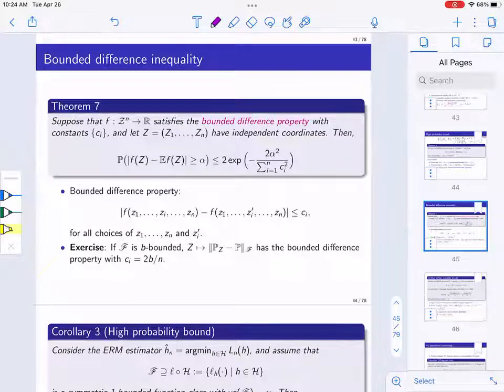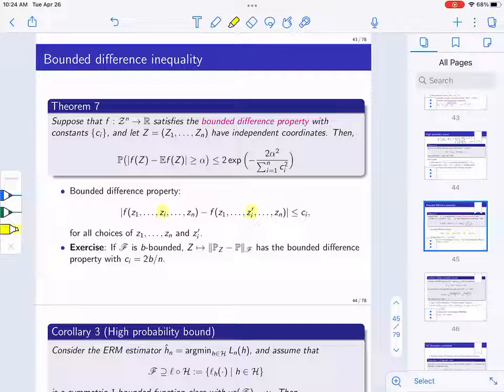If I have a function that takes n coordinates, think of this as the training data, and I flip one coordinate, keeping all the others the same, so I'm flipping zi to z prime i, and then take the absolute value of the difference, we want it to be bounded by some constant ci, irrespective of the values of the arguments.